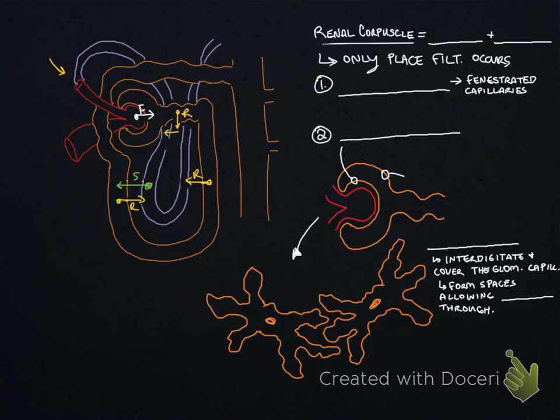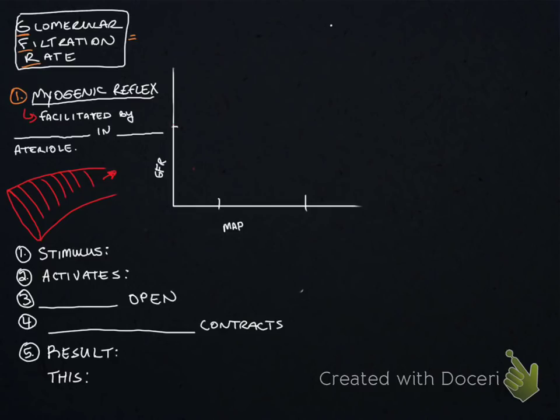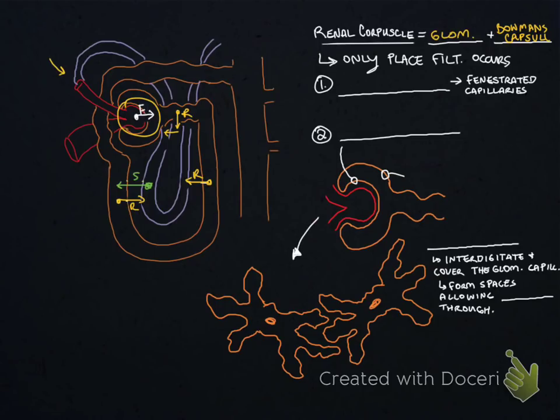So filtration only happens in this location, and that's the renal corpuscle. It's made up of the glomerulus and Bowman's capsule.